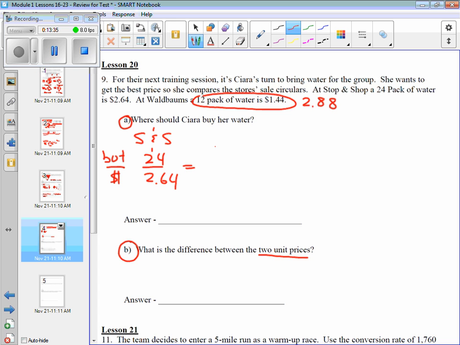And we have to find the cost of 1. You have to divide by 24. That's going to result in a dollar figure less than $1. So the way you set this up is 24 has to be outside the house and 264 has to be in. And it will work to termination, and it winds up being 11 cents for Stop and Shop.